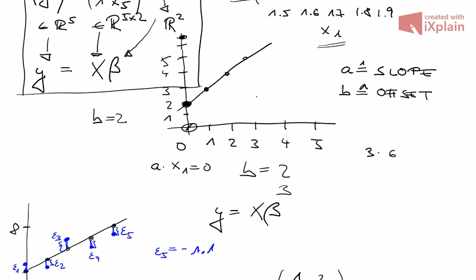But where was I? So in the matrix you have a 3, and if b is 2, you have 6.